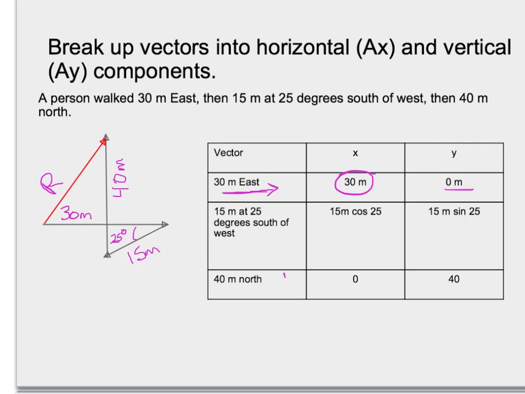So we go 15 cosine 25, and then we do 15 sine 25 to get the x and y components of our 15 meter long vector. And then our 40 meter long vector, that's going straight up. So none of it is horizontal, and all 40 of it is vertical.